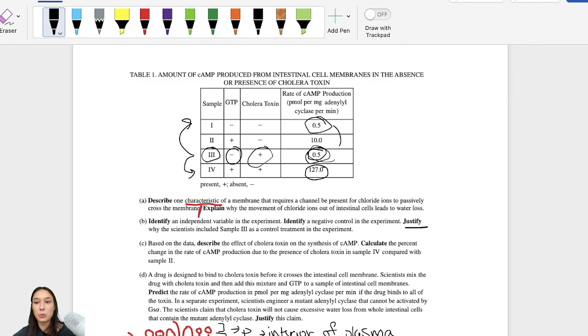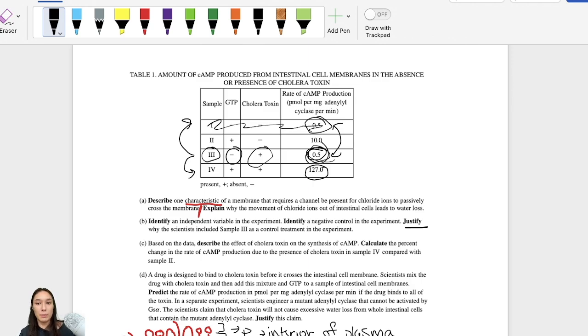Because the only difference between this one and this one was whether or not there was cholera. Clearly, since the cAMP production didn't change, the cholera is having no effect. If I didn't have this here, there would be nothing for me to compare it to. I would be like, okay, it's 0.5 when I have cholera and no GTP, but what am I comparing that to, right? So that's why number 3 has to be used.